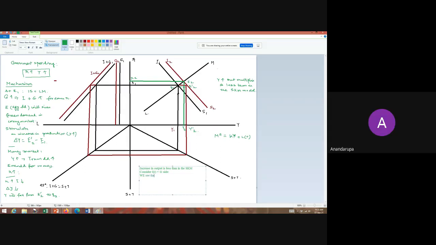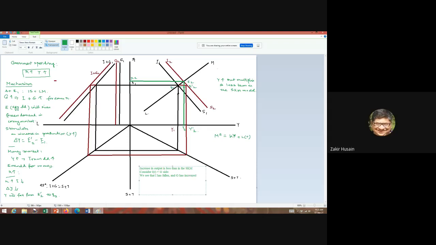I has fallen, look over here. And what has happened to G? G has increased. That is what we are looking at.